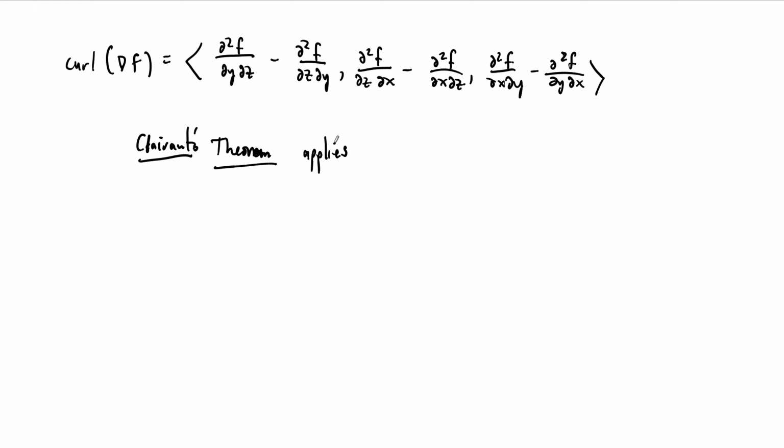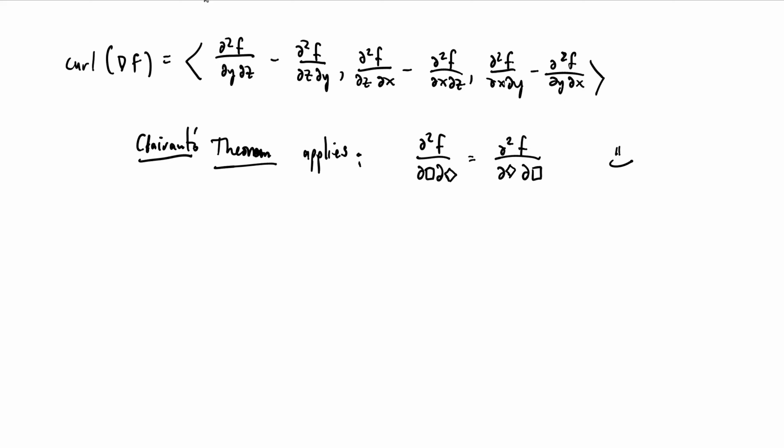Remember, Clairaut's theorem tells us that all the mixed second derivatives, so d box, d triangle, well, triangle's a bad one because triangle is one of our symbols here, so d box, d diamond. These are just placeholders, so this is me being wacky. But d diamond, d box, these are equal. Clairaut's theorem says that these are equal as long as these second partial derivative functions are continuous. And that was our assumption.